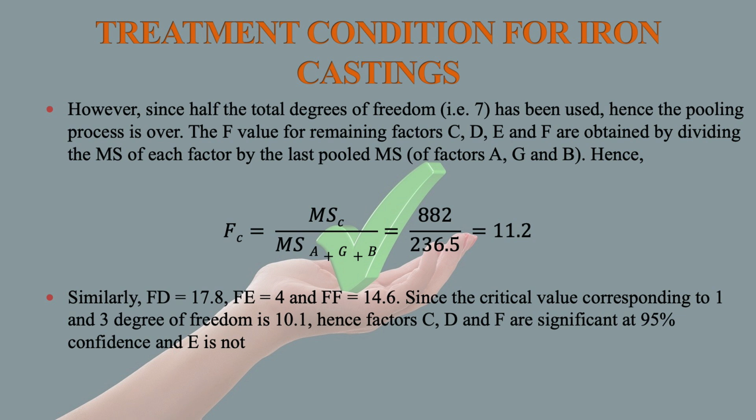However, since half the total degrees of freedom, that is 7, has been used, the pooling process is over.